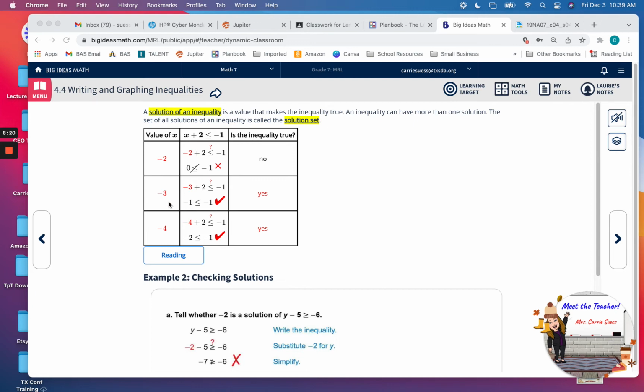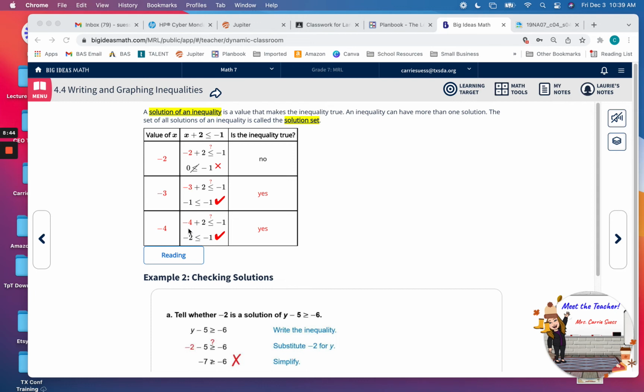Okay? What if I plug in a negative 3? Negative 3 plus 2 would be negative 1. Is negative 1 less than or equal to negative 1? Yes, it's equal. So the answer for this one is yes. If I plug in a negative 4, what is negative 4 plus 2? Negative 2.